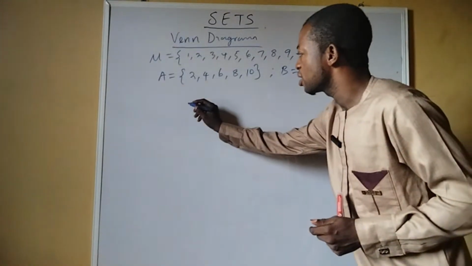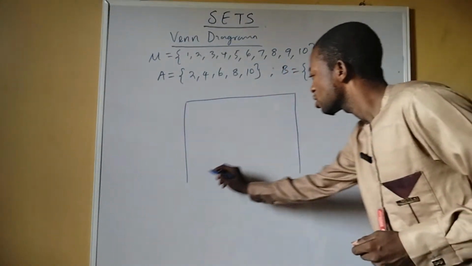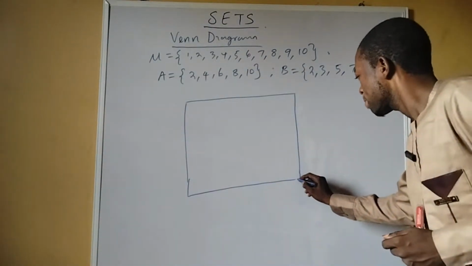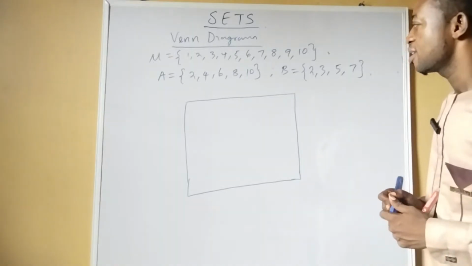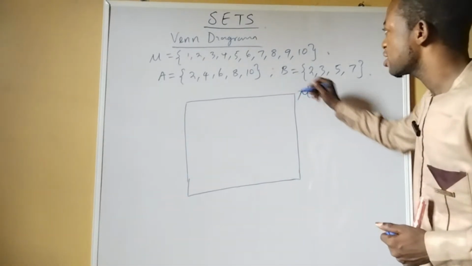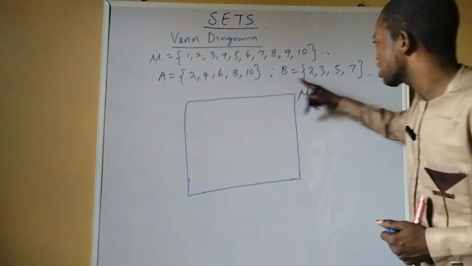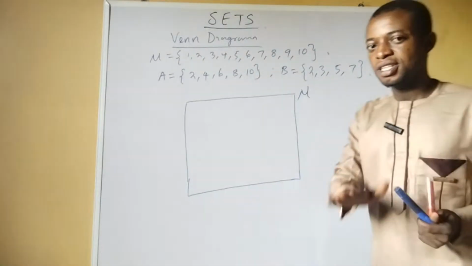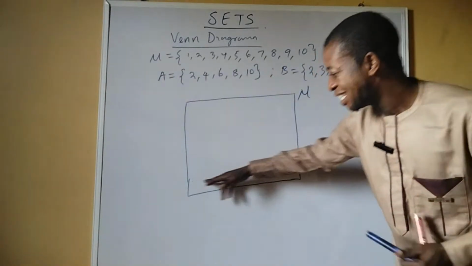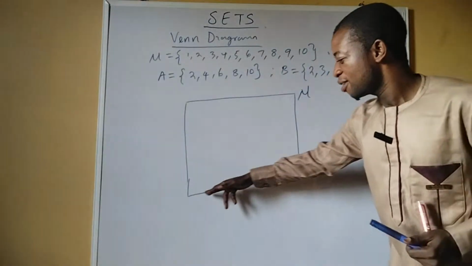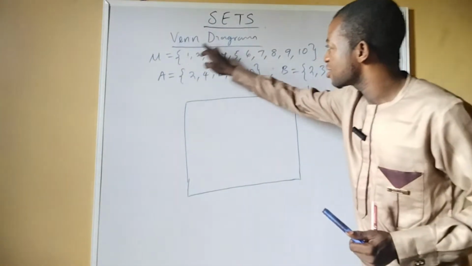Now, the Venn diagram will contain this bigger box as the universal set, having all these elements. Let me take it slowly. This box drawn here has all these numbers inside.